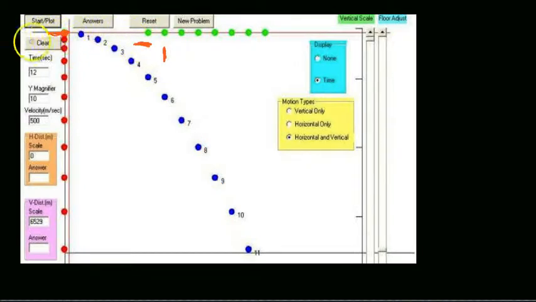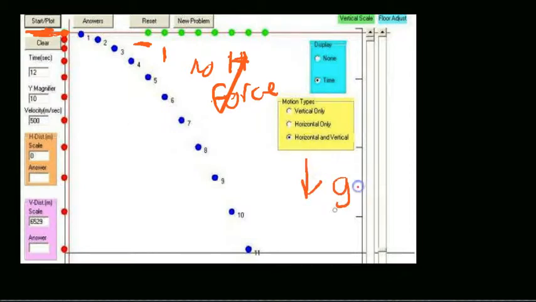But after this initial force up here, there's no more horizontal force. No H force, okay? But there is a vertical force, which is G, gravity, 9.8 meters per second squared, okay?